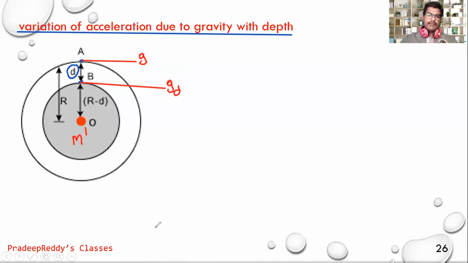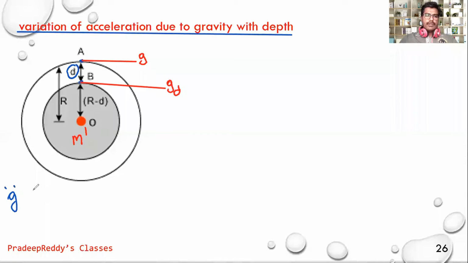Acceleration due to gravity will not be due to the total mass because the effective radius decreases as you go deep. Effective radius is decreasing, which results in an effective decrease in the mass. So as mass decreases, acceleration due to gravity would decrease. Therefore, you should remember that acceleration due to gravity decreases with depth. That's a very important point to be noted.